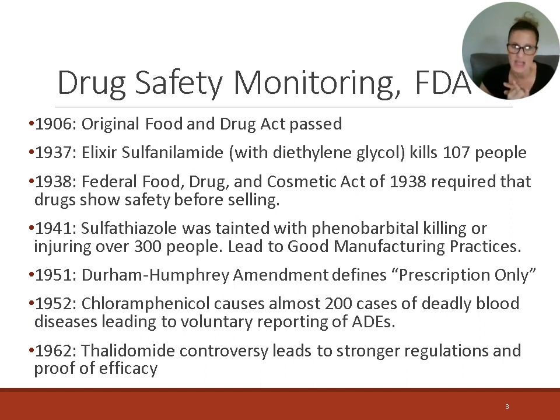So in 1938, Congress passed the Federal Food, Drug, and Cosmetic Act, which required that new drugs show safety before selling. Again, we don't have to show that things actually work, but at least now when you're selling a drug, you have to be honest about what's in it, and you have to have shown that it is safe.